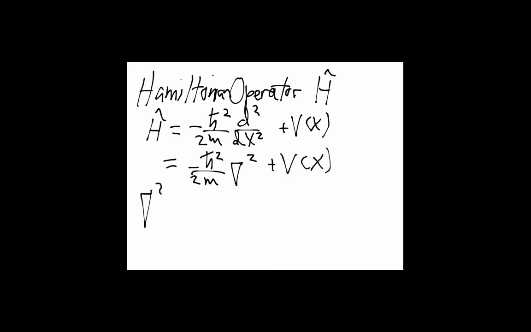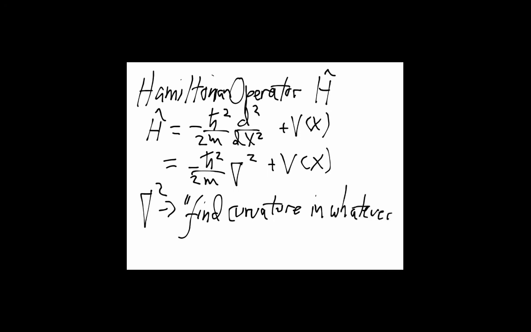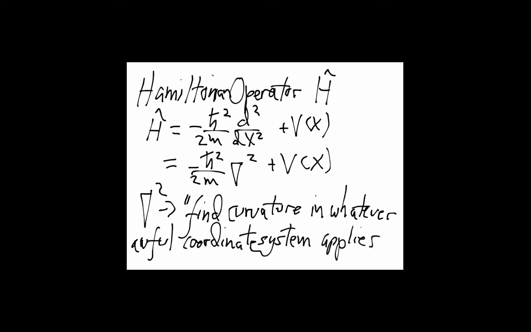That del squared is an indication that basically says in mathematics, just take the second derivative. However you want to do it, whatever coordinate system you happen to be in, just go and get the second derivative in the appropriate coordinate system, and that's going to be the answer that we need.